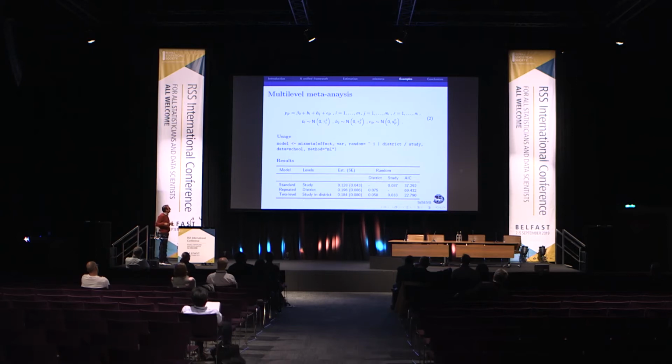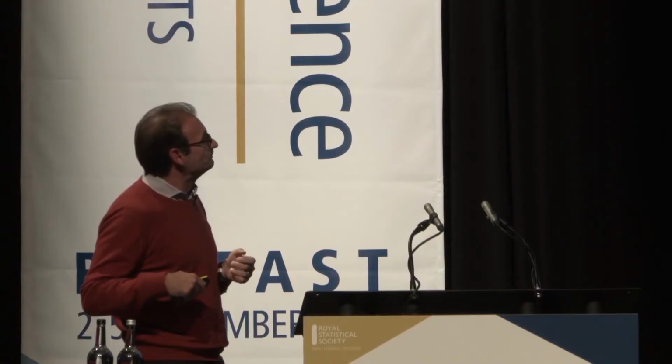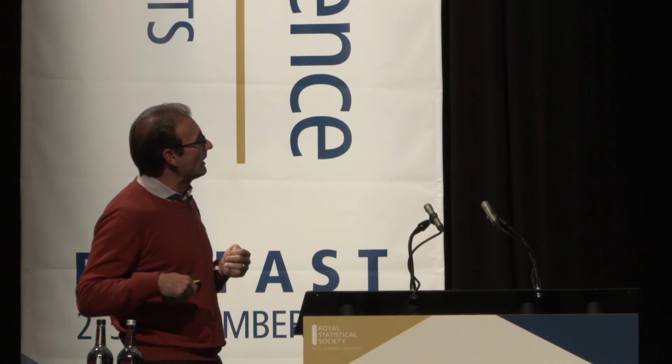In this example, I fitted 3 different models. In the first, I performed a kind of standard meta-analysis in which I ignore that the schools are nested within districts. In the second model, I just consider the district as a nesting factor, considering the schools as repeated measurements.